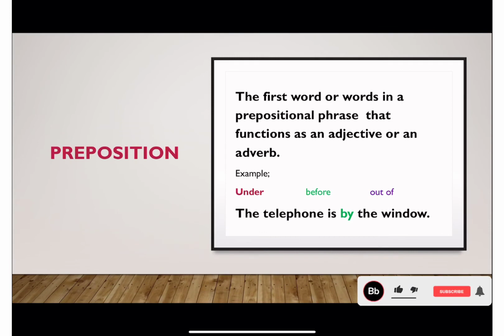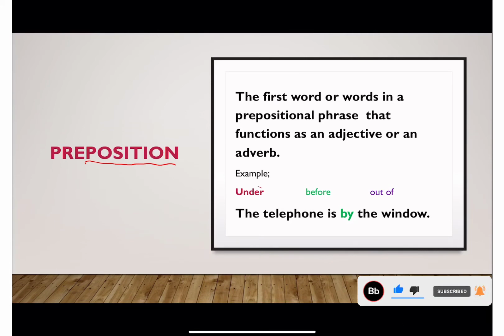This one we're going to look at is called a preposition. So the first word or words in a prepositional phrase that functions as an adjective or an adverb. What do I mean by this? When you think about preposition, think about position. Think about the word position, where something fits in a particular situation.